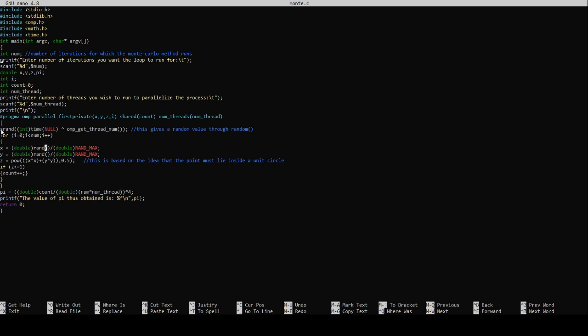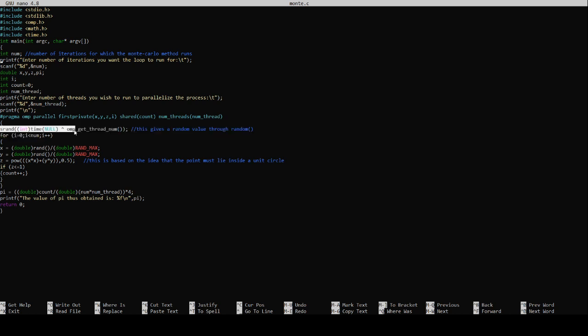The number of points which lie inside the circle, which is inside that square, will be roughly equal to the area of the circle. On this line of similarity, we say that 4 times the area of the circle divided by the area of the square will be equal to 4 times the number of points inside the circle divided by the number of points inside the square, right? That is the basic concept of the Monte Carlo problem, right?